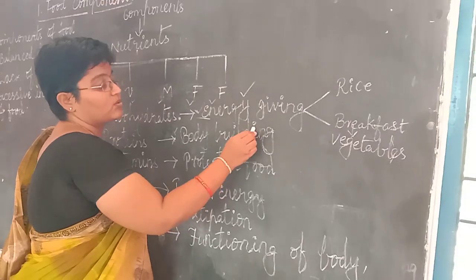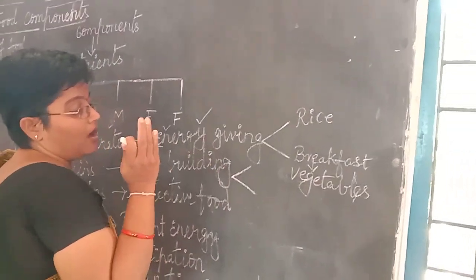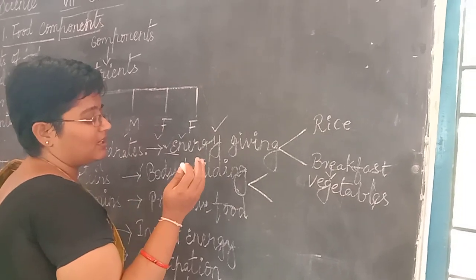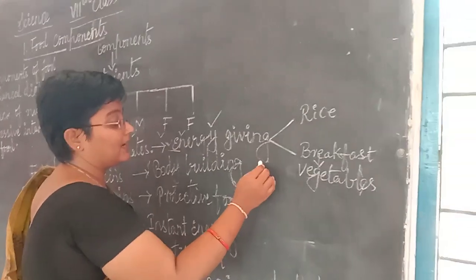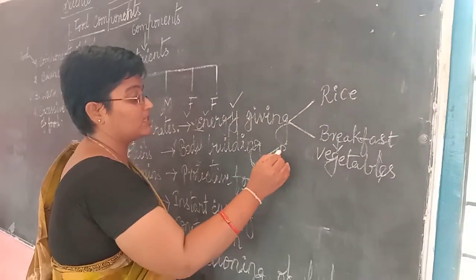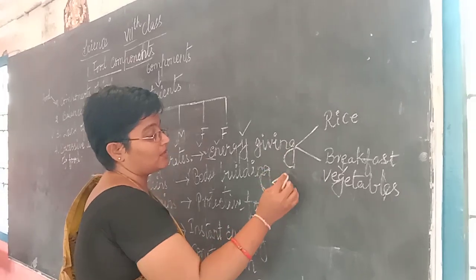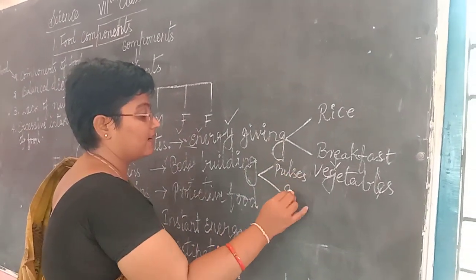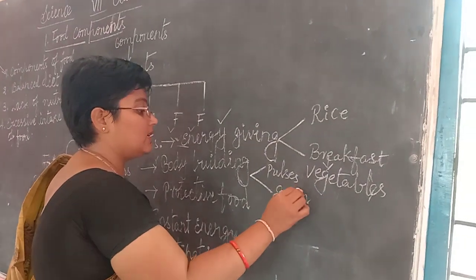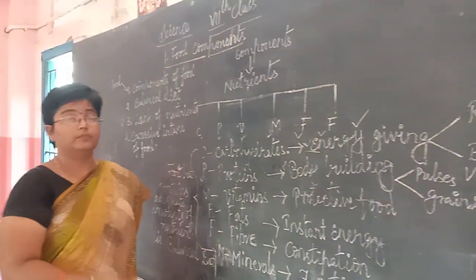So proteins give us general growth and extraordinary functioning of our body. What food contains proteins? The food that gives us proteins is food made from pulses as well as grains. These two give more proteins to our body.